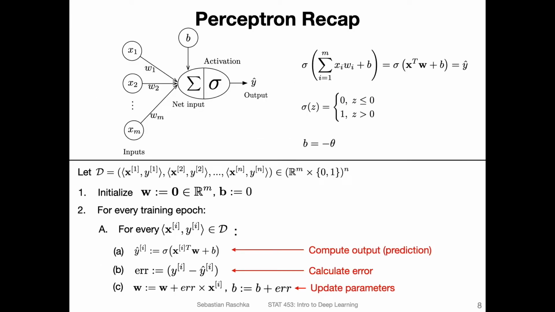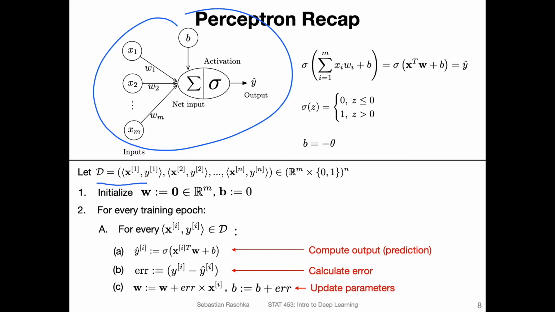So just to briefly recap our perceptron model here. On the left hand side, this is just again a sketch of our perceptron where we compute the net inputs and then we update the weights. Here I mainly want to highlight what's going on under the hood.